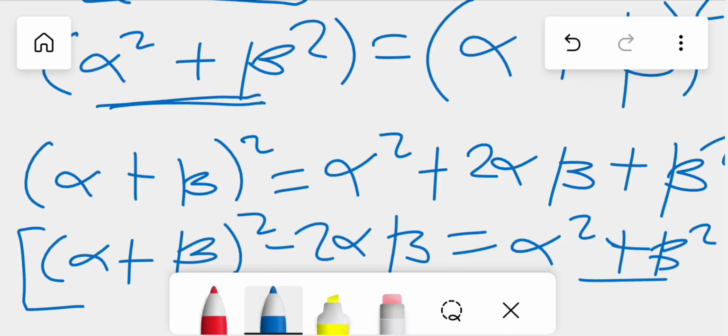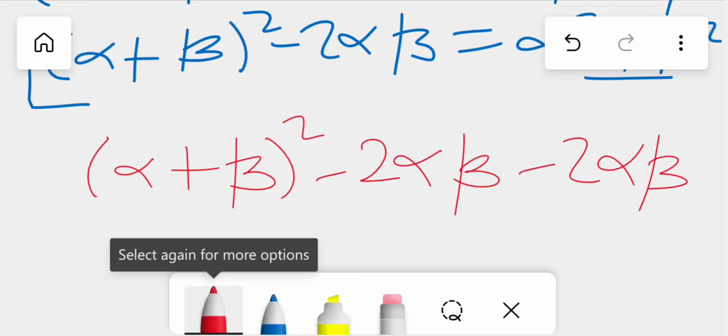We're going to recall the given question, where we substitute this identity. The expression has been written in this form from the expansion.